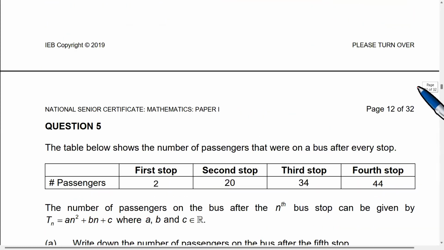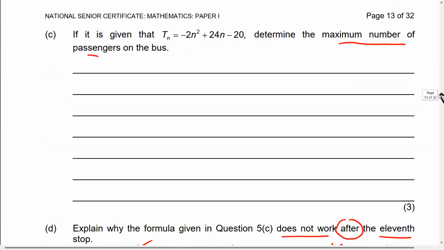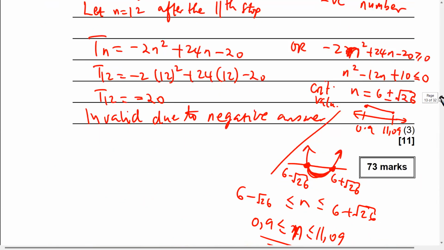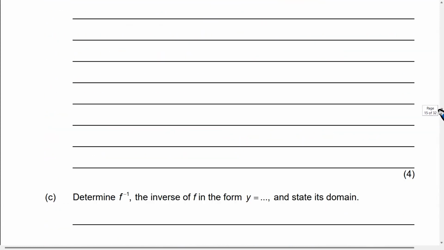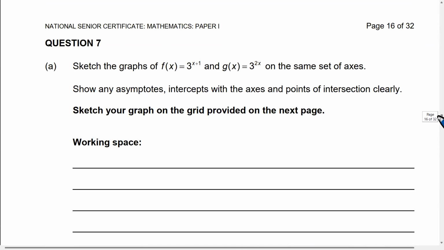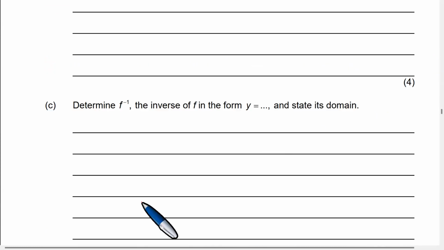Question 5, this one. Oh, so we just passed it? Yes, sir. It's now that I'm seeing question 7. So it's question 6, part C. Determine f inverse, the inverse of f, in the form given, and state its domain.